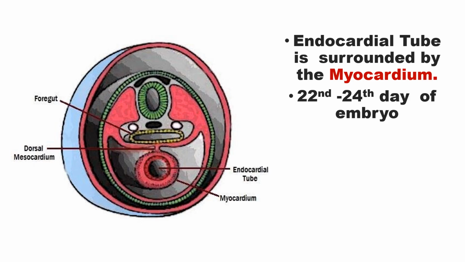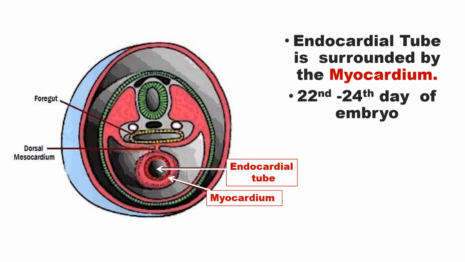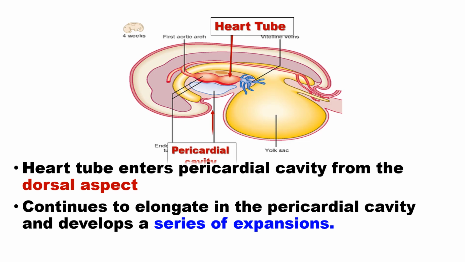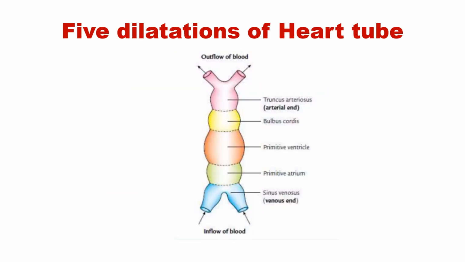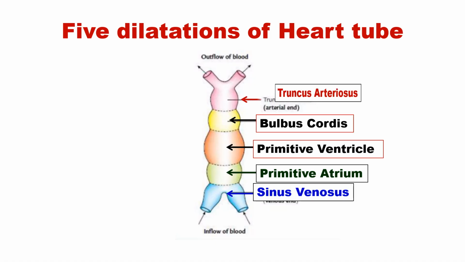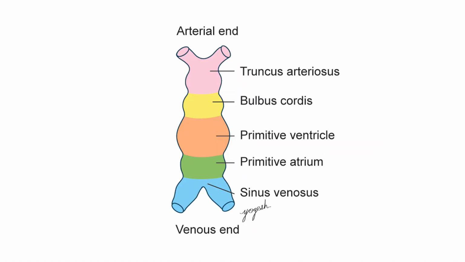The endocardial heart tube is surrounded by the myocardium by the 22nd to 24th day. The heart tube enters the pericardial cavity from the dorsal aspect, continues to elongate in the pericardial cavity and develops a series of expansions or dilatations. There are 5 important dilatations of the heart tube, caudocranially: sinus venosus, primitive atrium, primitive ventricle, bulbus cordis and truncus arteriosus.